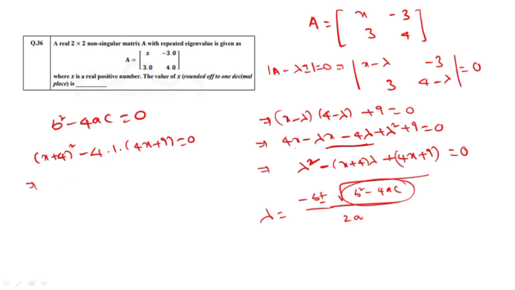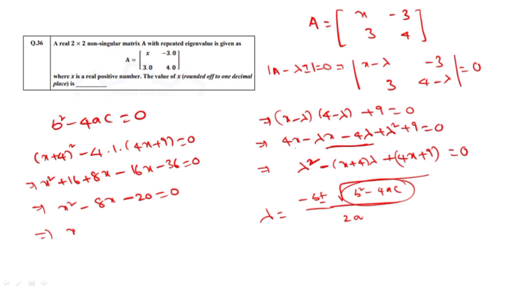So by solving this, x square plus 16 plus 8x, minus 4 4s are 16x, 4 9s are 36. So this is x square minus 8x, and 16 minus 36 is minus 20.